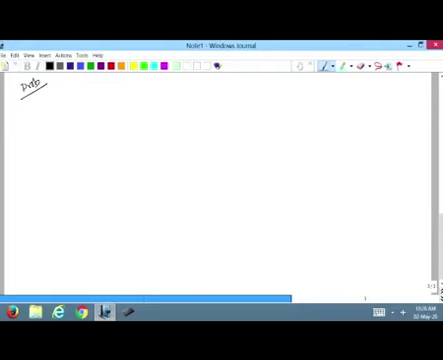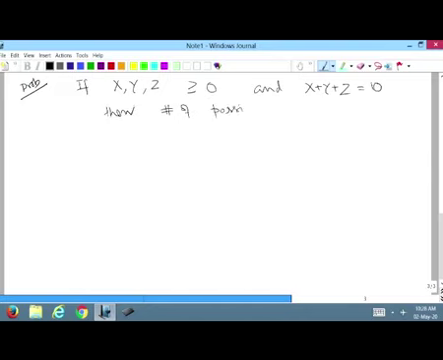We have already seen that if x, y, z are all greater than or equal to 0 and x plus y plus z is equal to 10, then the number of possible solutions is 10 plus 3 minus 1 C 3 minus 1, which is equal to 12 C 2, which is equal to 66.